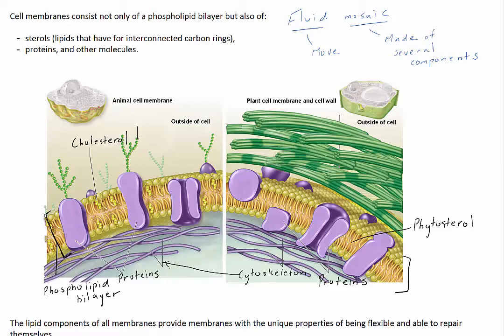Of course, a plant cell also has a cell wall surrounding the cell membrane, which is made up of cellulose.